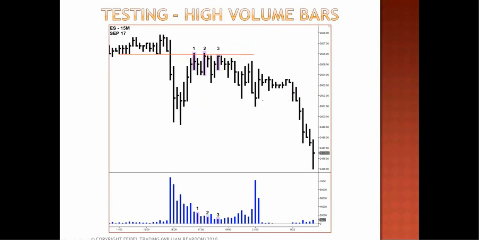Okay, it's important to always analyze the volume as we approach a certain high volume bar area, because if we're going to break, we want volume to increase. So that as we're rallying here, we want to see volume increase, but here we're decreasing.